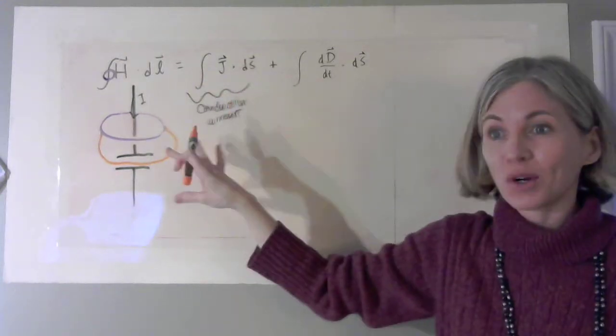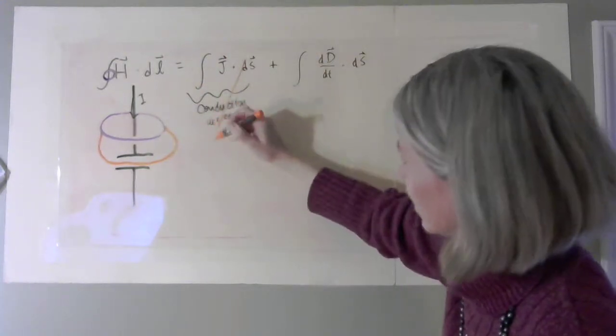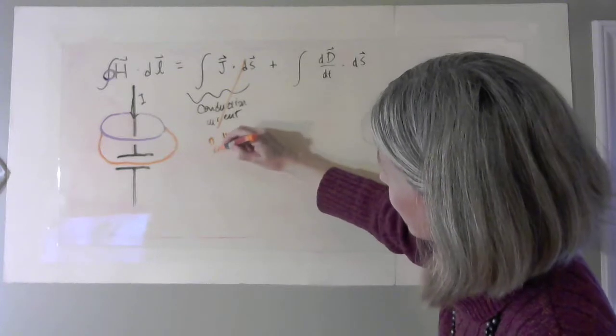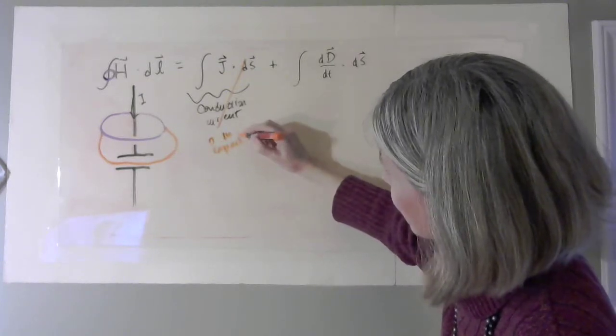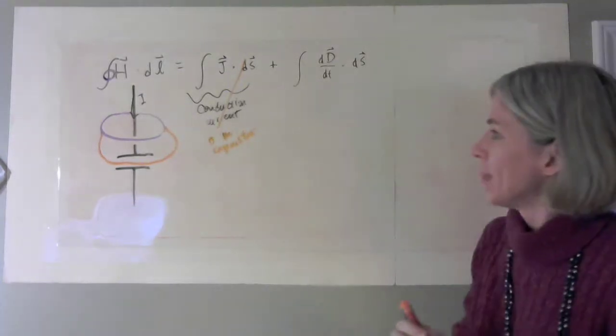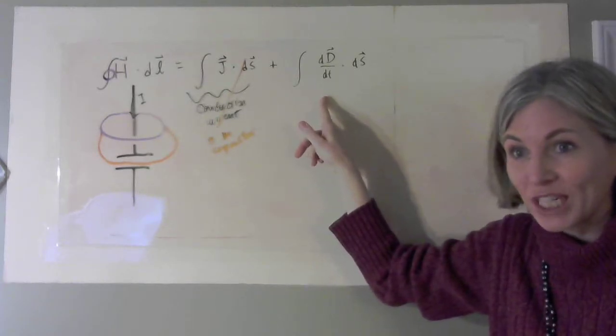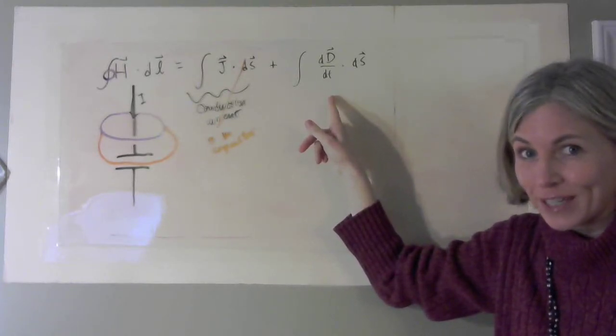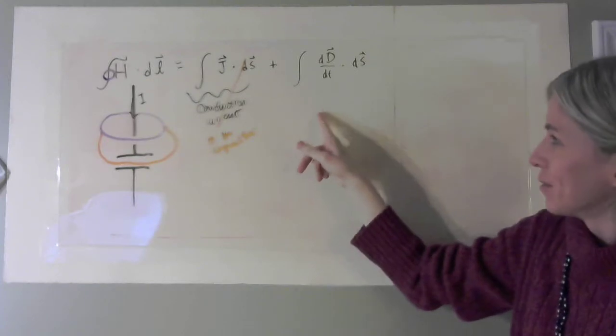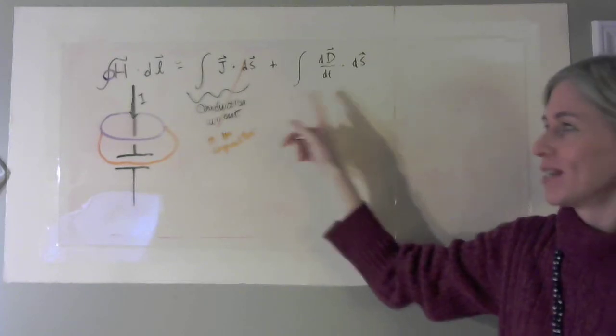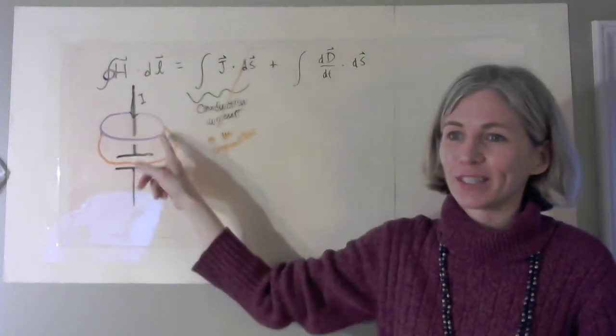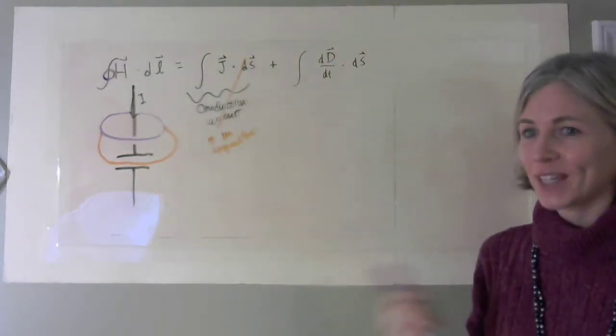And here the conduction current is 0. But I've got a changing electric field inside the capacitor. So I've got to get the same result, because on this side I haven't changed anything, I've just got my purple loop. So it's kind of interesting.